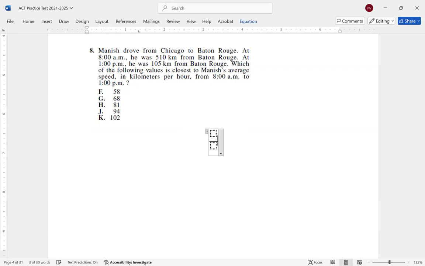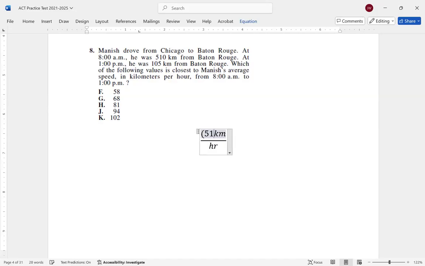So average speed, we're going to take the total number of kilometers that he drove in that time and divide it by the number of hours that he drove.